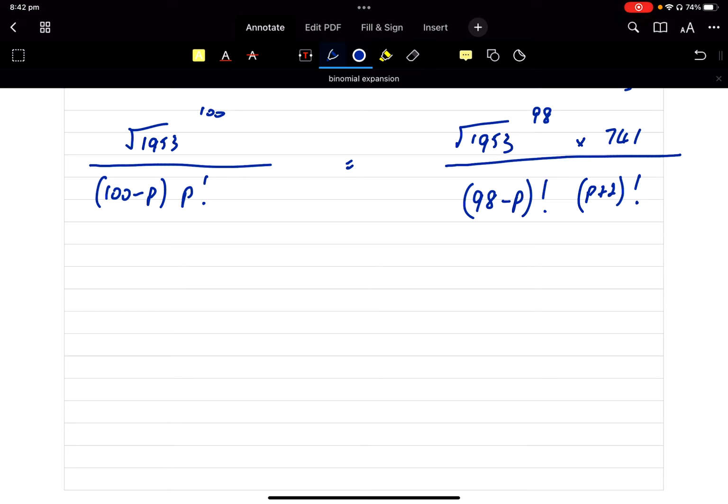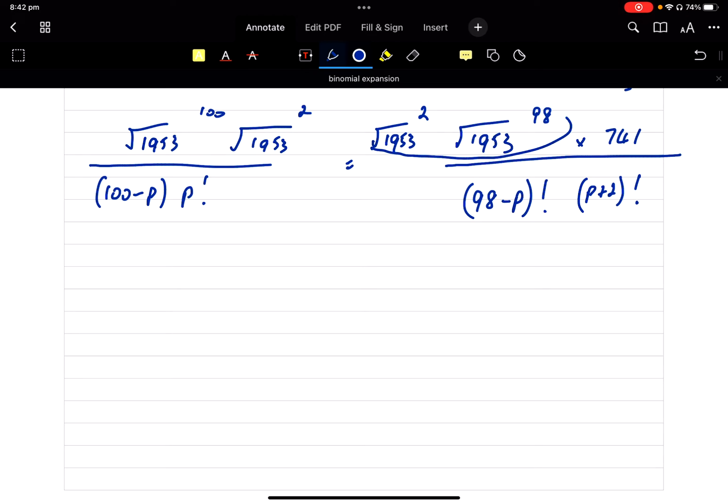See that root 1953 to 100 on the left? Wouldn't it be nice if that was 100? Then that would just cancel out. So what I'm going to do is multiply the right-hand side by root 1953 squared, which means I've got to multiply this other side by the same.